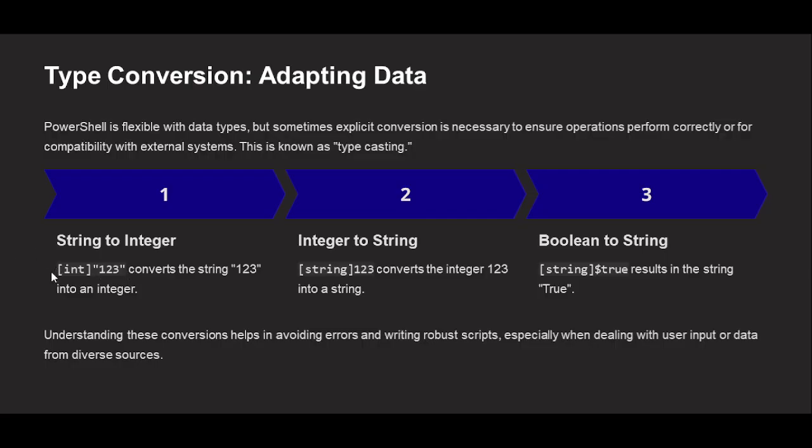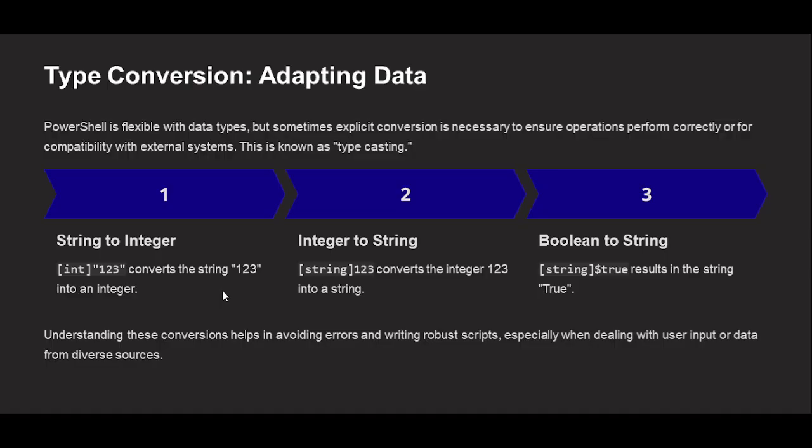But if I put bracket int bracket in front of that, it will become an integer. Why? Because I have given bracket int in front of that string, so it is going to convert that data into an integer.